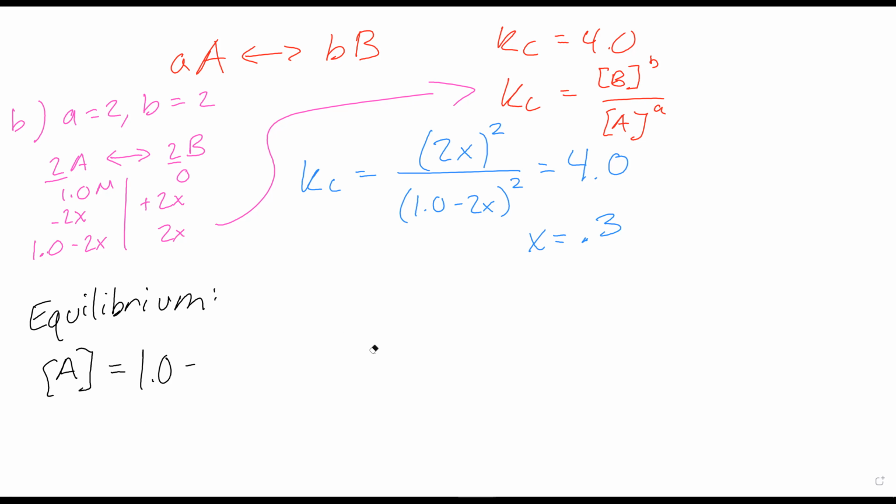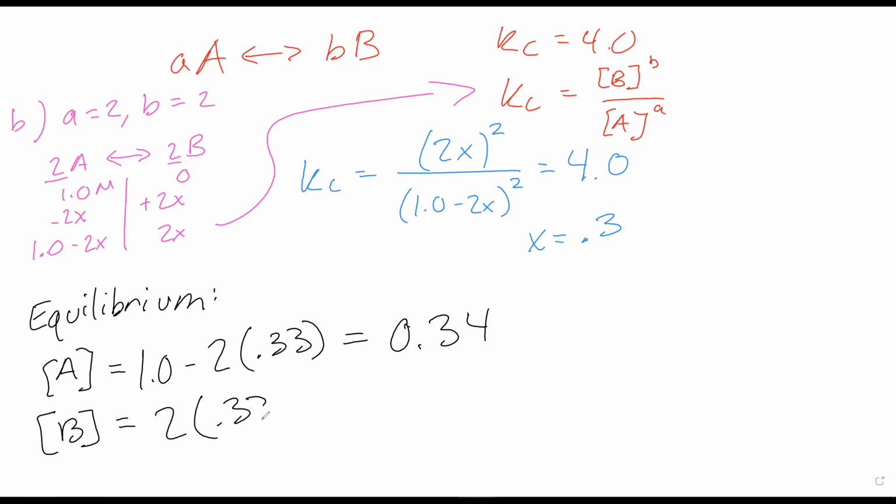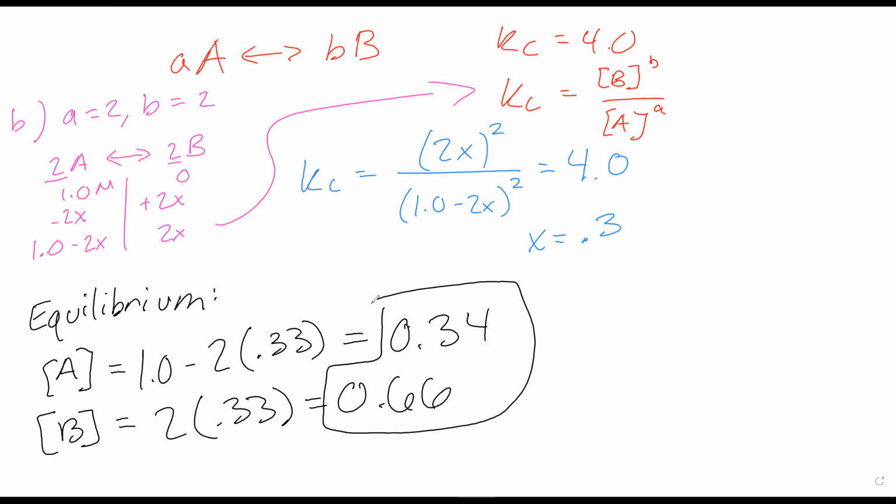It should be 1.0 minus 2x. And that will give me 0.34. And the concentration of B is 2x, which gives me 0.66. And these are my final values.